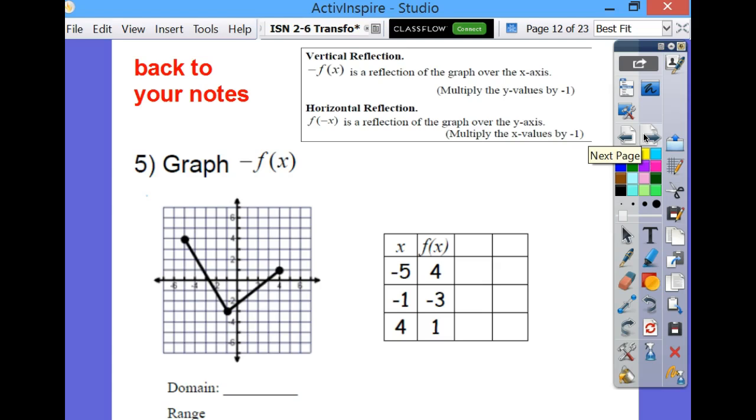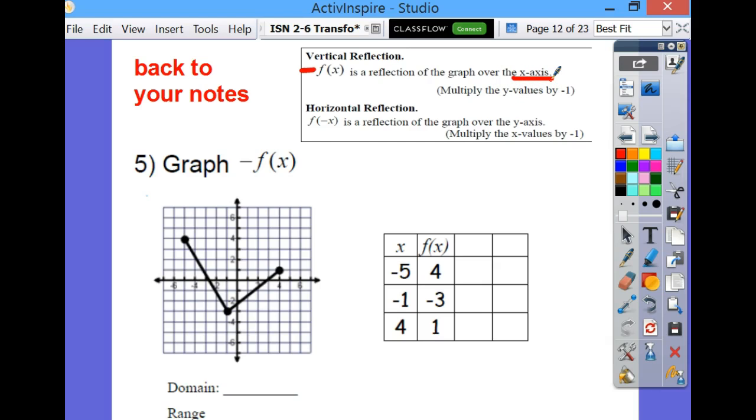The negative sign out in front makes a vertical reflection. Vertical means up and down, so I'm going to take this and I'm going to flip it upside down. If you flip it upside down, it goes over the x-axis.